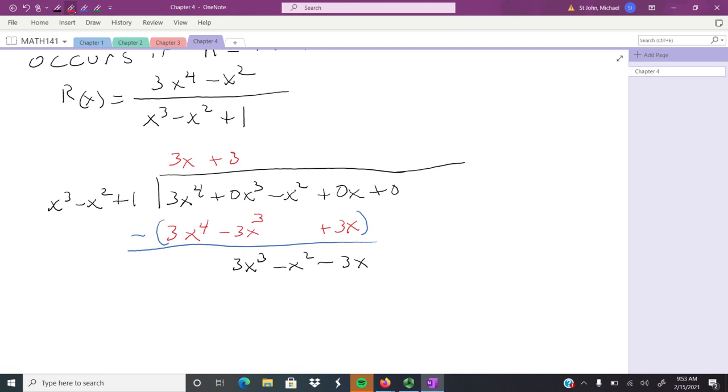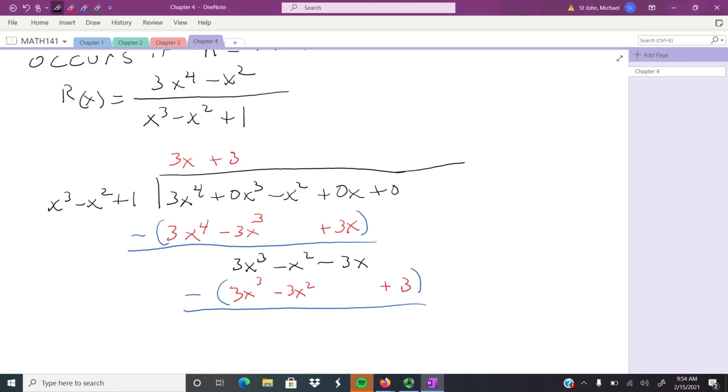And so this will give me 3x cubed minus 3x squared plus 3. And again, we want to subtract, and the x cubed terms go away.